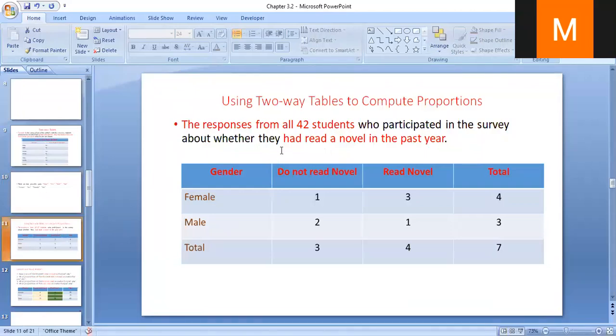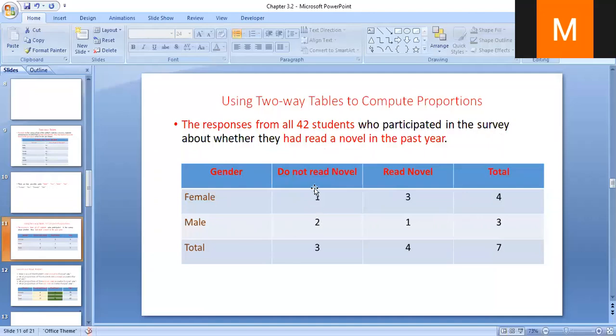You look at this table. There is a record from 42 students in the survey about whether they read a novel in the past year. You know, the female not read is 1, but read is 3, and in the survey we had 4.